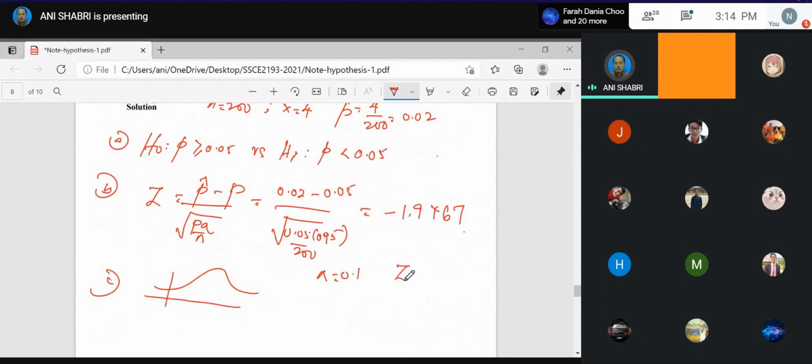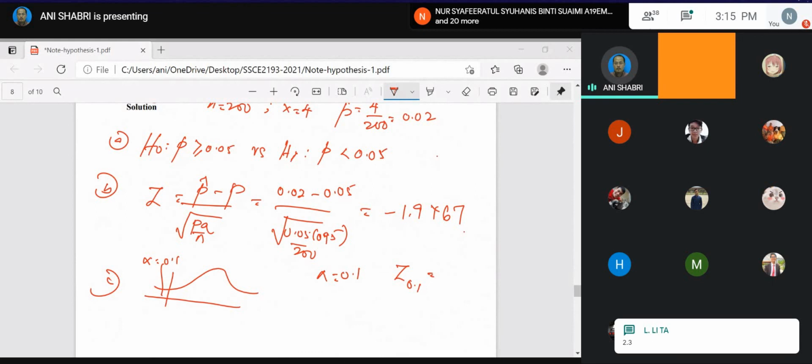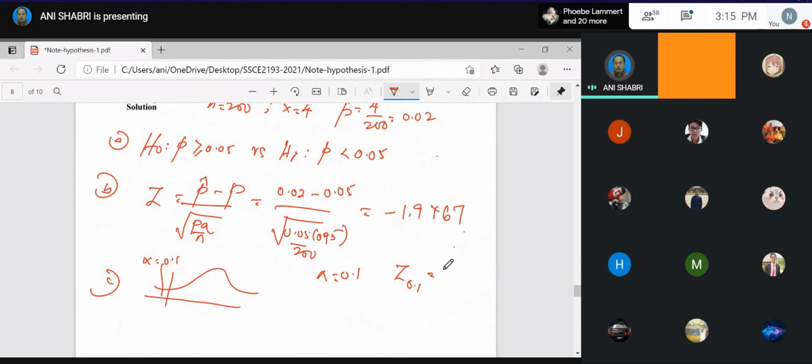What is the value of Z for alpha 0.1? The value we got is 1.28. The border is negative 1.28.